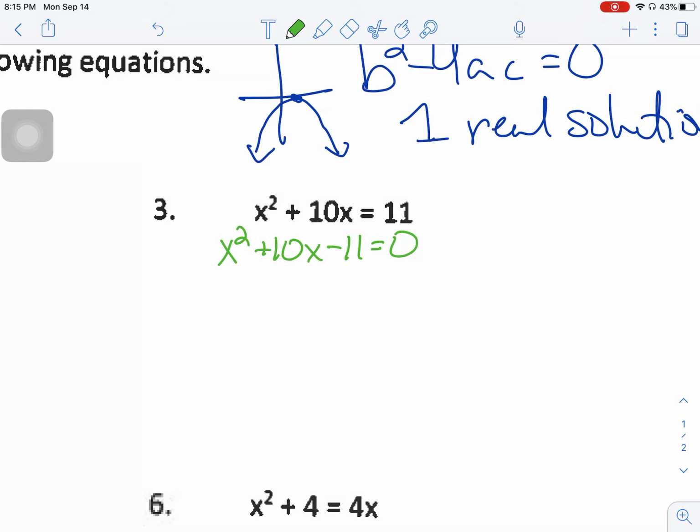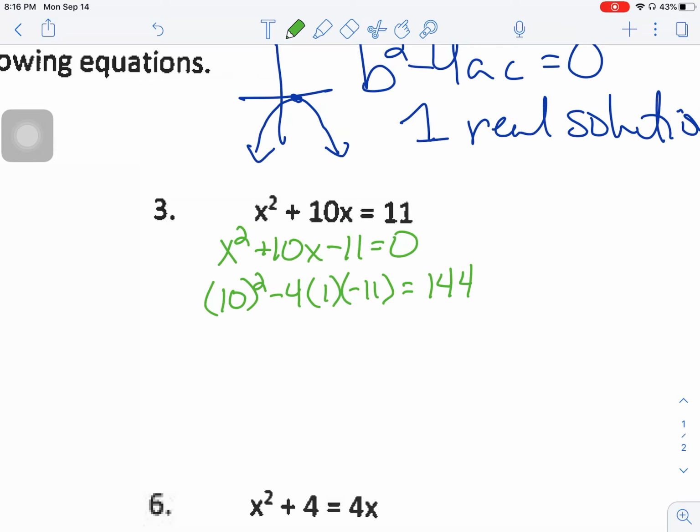Now that it's in standard form, I can do the discriminant part of the quadratic. So b squared minus 4, a is 1, c is negative 11, into my calculator of choice, because I have ideas on what this is, but I didn't want to screw it up. So 144 is what I'm getting.